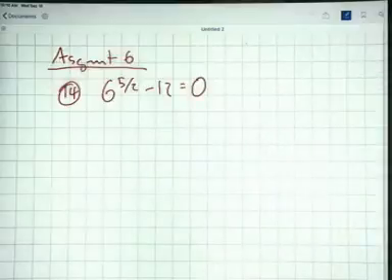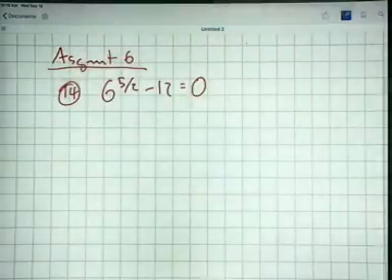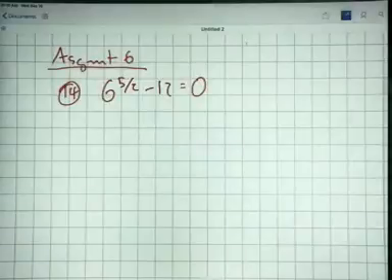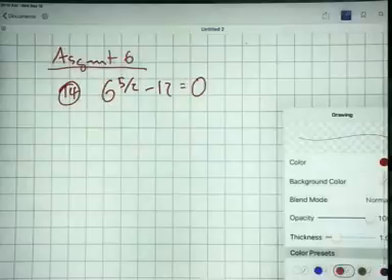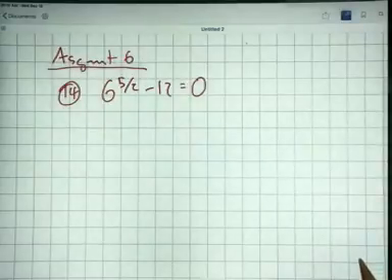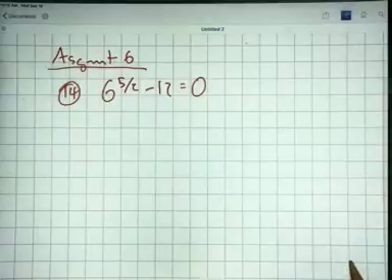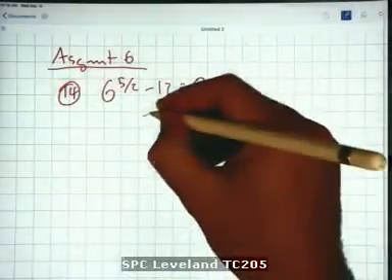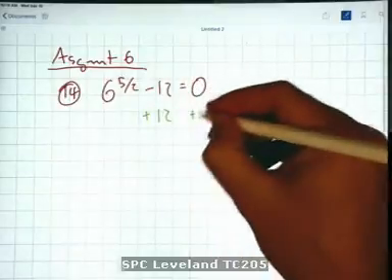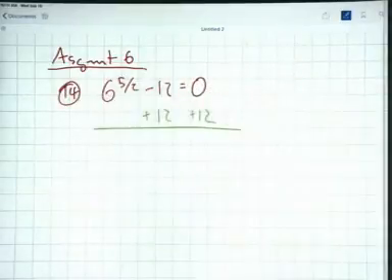So what do you do first in solving this problem? You get rid of the exponent? Before that, you need to get the 12 to the other side.